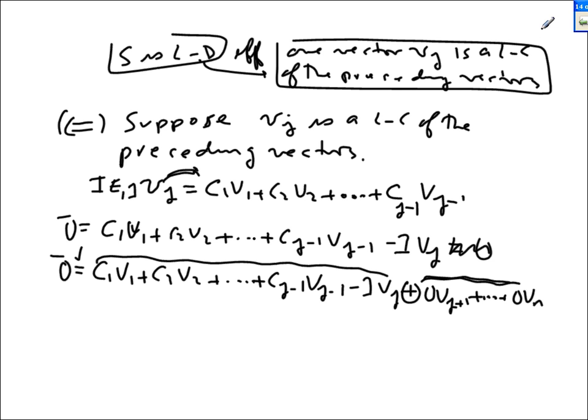So surely this is 0. But now, what happened is I have a linear combination of the vectors in S, v1, v2, all the way up to vn, and not all the coefficients are 0. And it equals 0.